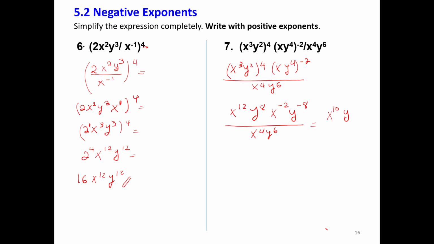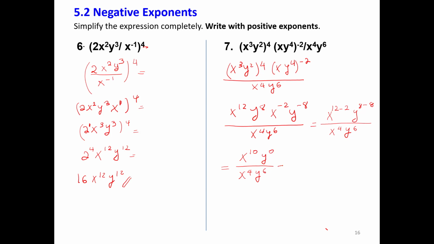y to the 8 minus 8 equals 0. Let me write it step by step. This will be 12 minus 2, over x to the 4 y to the 6. And x, 12 minus 2 is 10. y, 8 minus 8 equals 0.